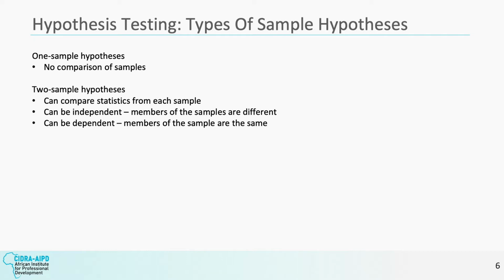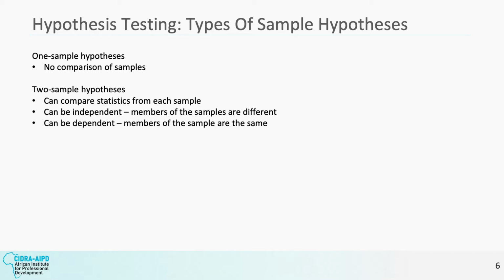In the case of 2 independent samples, the members of the 2 samples are different people, such as a test and a control group. For example, are the students of AIPD taller or shorter than the general population of Rwanda on average? In the case of 2 dependent samples, the members of the 2 samples are the same people.